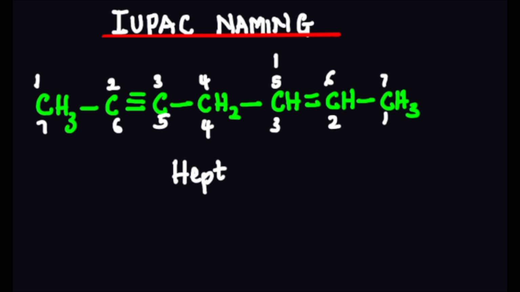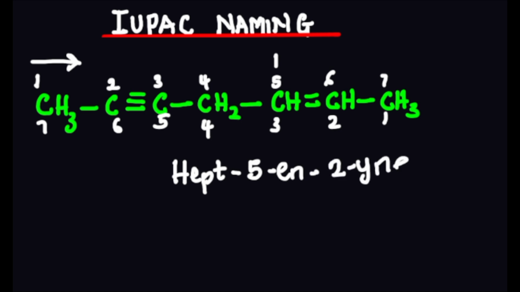Then I'm going to have hept-5-en-2-yne. Why am I considering 5? That's because I need to give the triple bond the lowest possible number, which is 2. So if I'm numbering from this side, the triple bond is on carbon number 2 and the double bond is on carbon number 5. That's going to be the name.